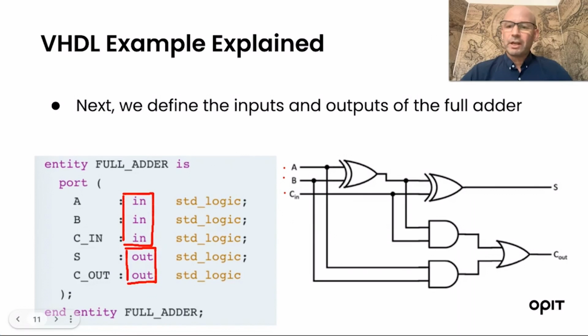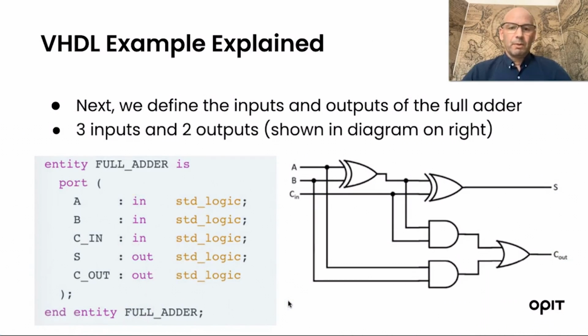And we can see over here, here's our S output, and here's our C out output. So this particular entity, as it's called, describes the full adder, the inputs, and the outputs. So three inputs and two outputs, as I just mentioned.